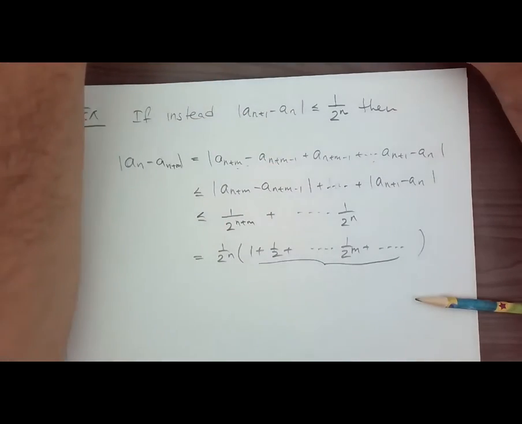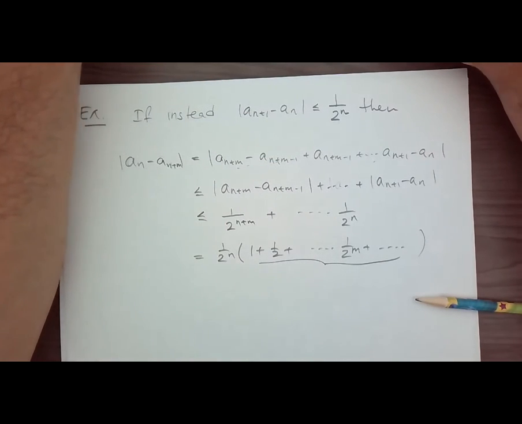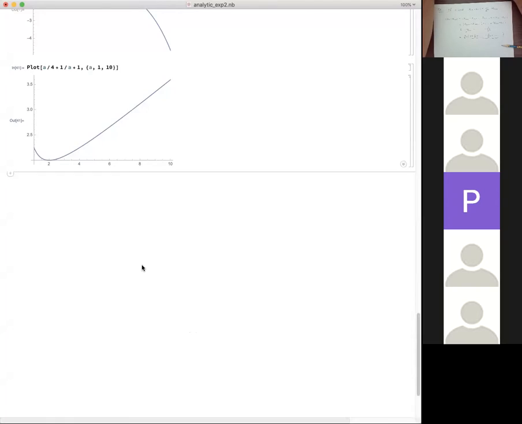I'll show you quickly how to do that in Mathematica. So what I'm claiming here is that if I'm summing 1 over 2 to the n, and I'm summing n from 0 to infinity, I get 2. You get 1 if you sum from 1 to infinity, and otherwise you're going to get 2.